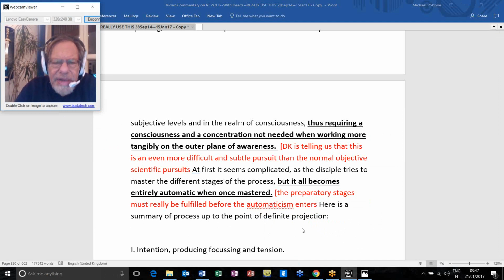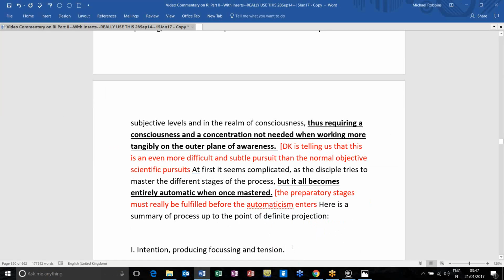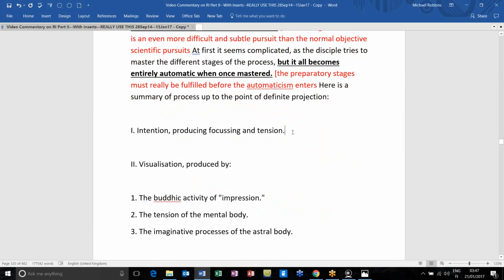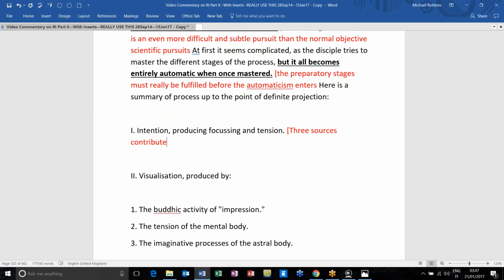So, intention, producing, focusing, and tension. Now remember, three sources contribute to this tension. Focused, immovable will, a point of tension.